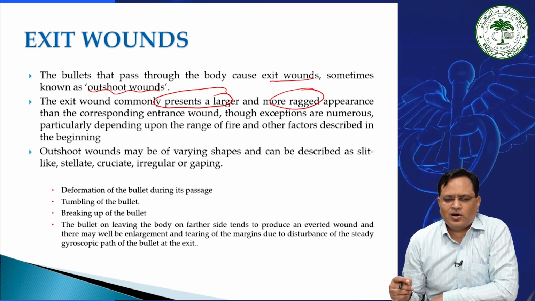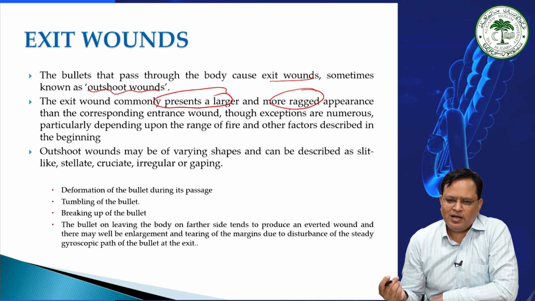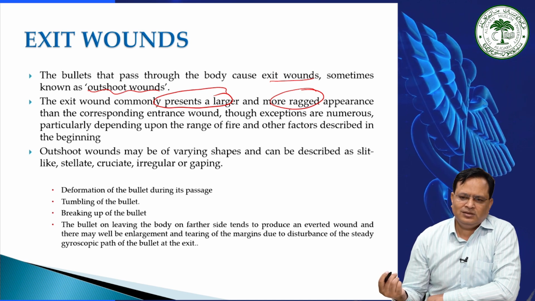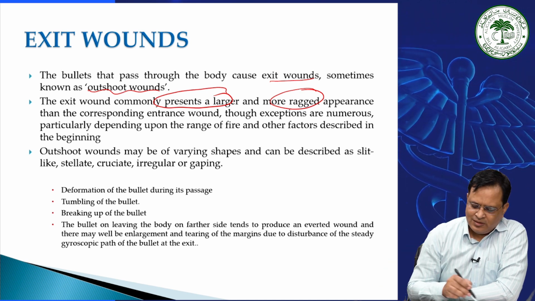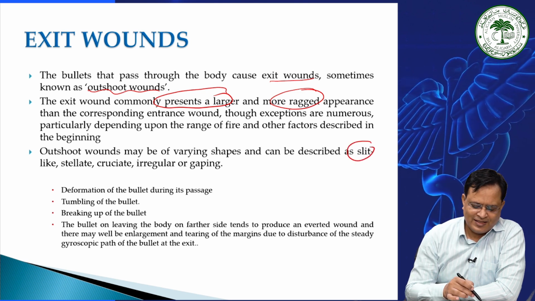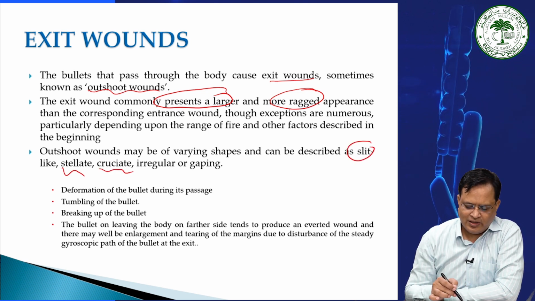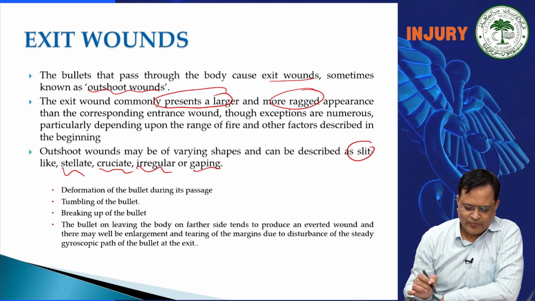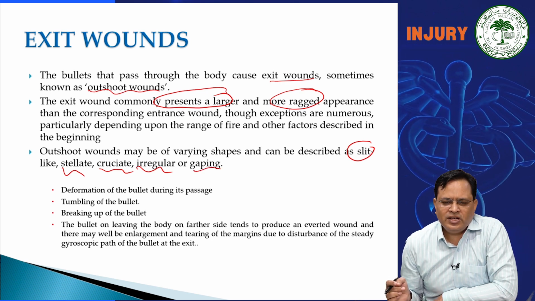Exit wounds may vary depending upon the tissue. It can be slit-like, stellate-like, cruciate-like, or irregular or gaping. Deformation of the bullet during its passage.